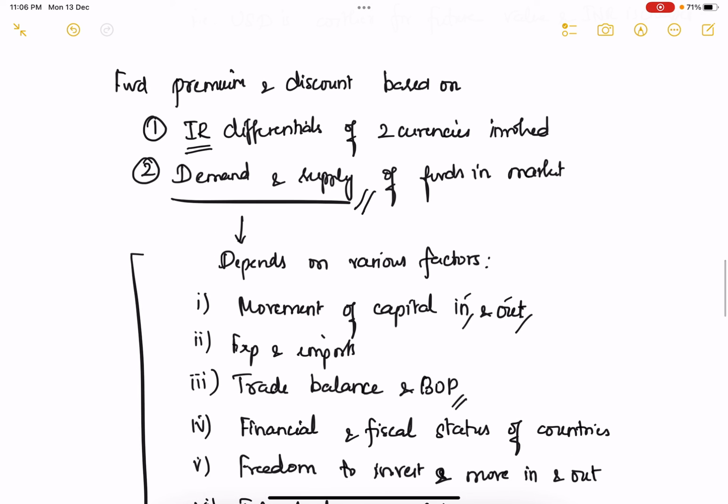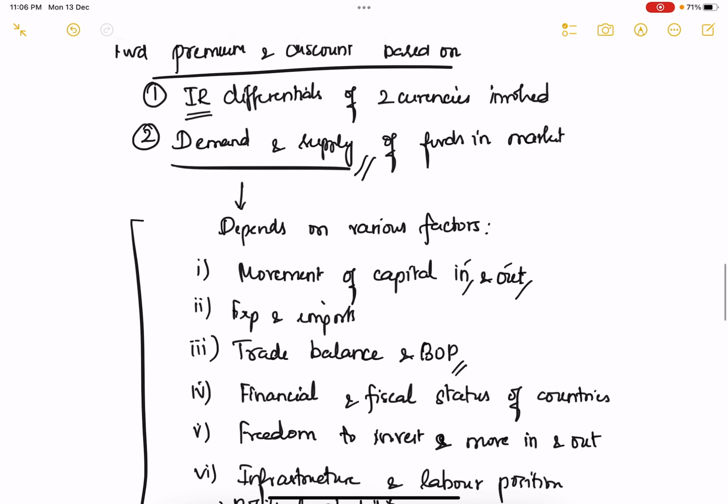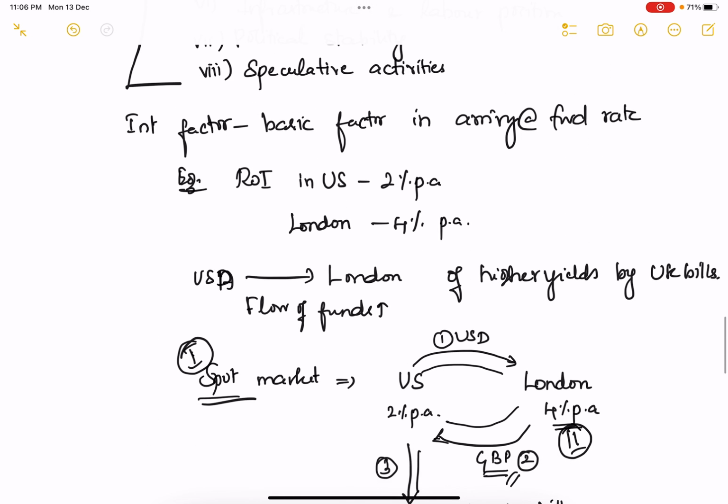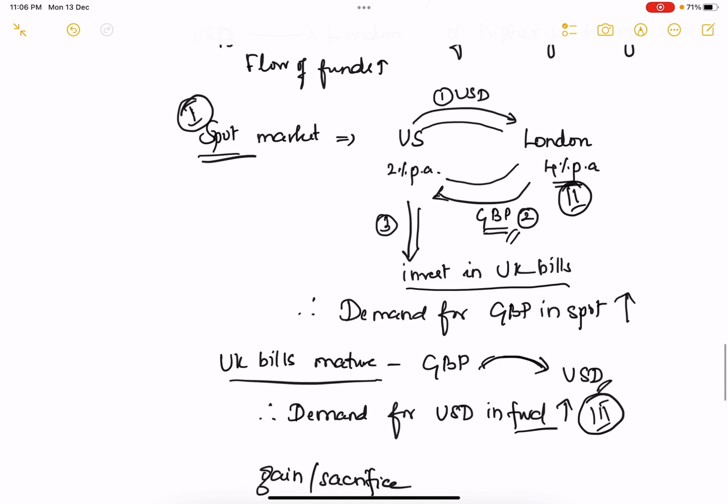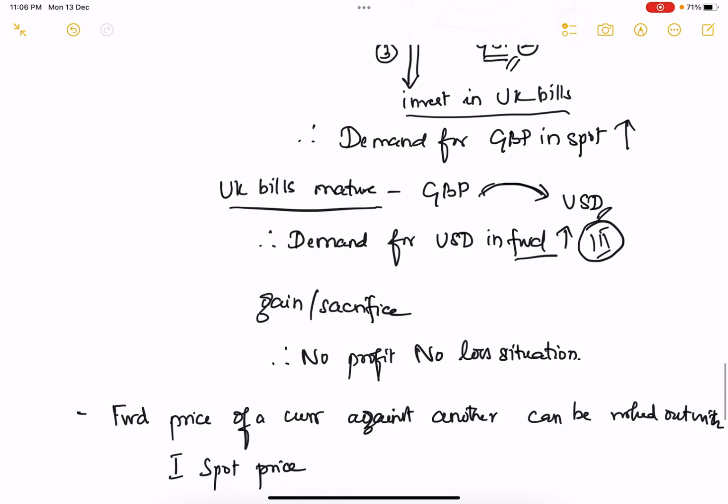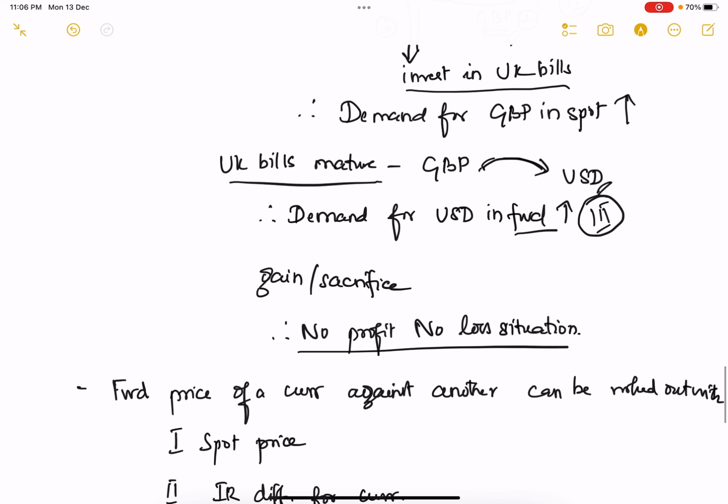Forward premium and discount is based on two factors. We have seen the two factors in detail, which is demand and supply, its various factors, and interest rate differentials. We have seen an example for it, thereby resulting in a no profit, no loss situation.